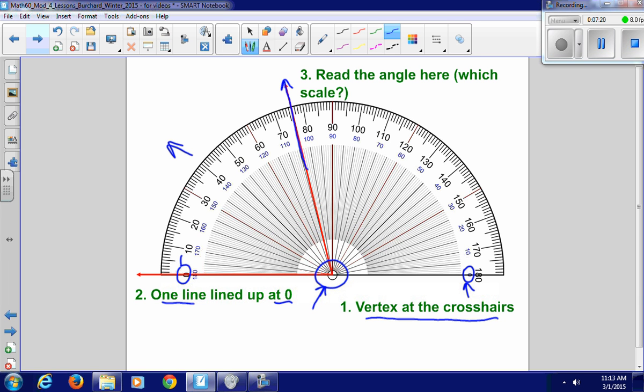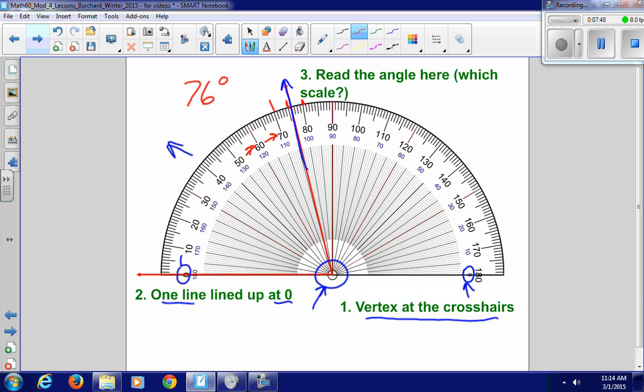I lined it up with the 0 on the black scale, so that means I'm going to read it from the black scale. So I'm looking along this scale here, and so I have 70, 80, here's 70, here's 80, here's 75. So that means this angle is going to be 76 degrees.